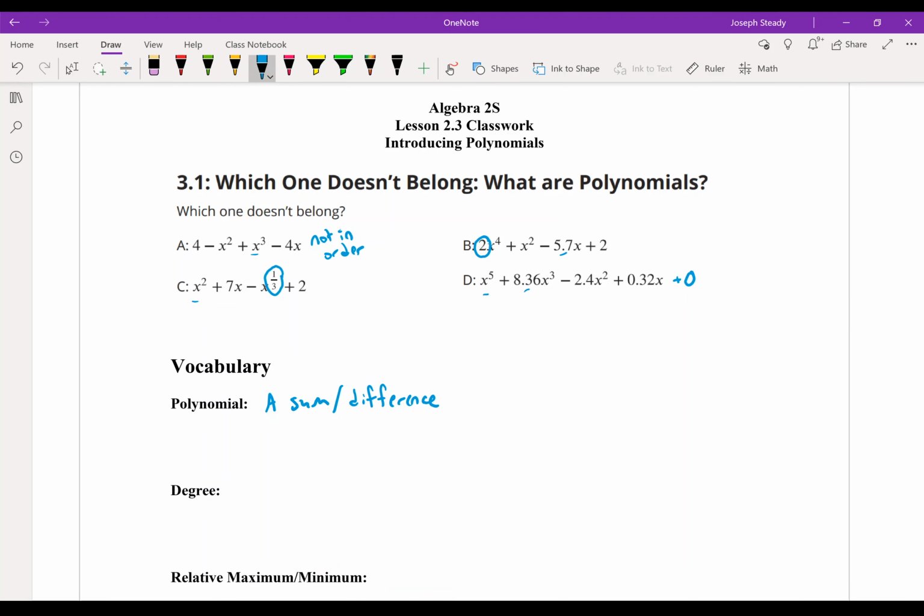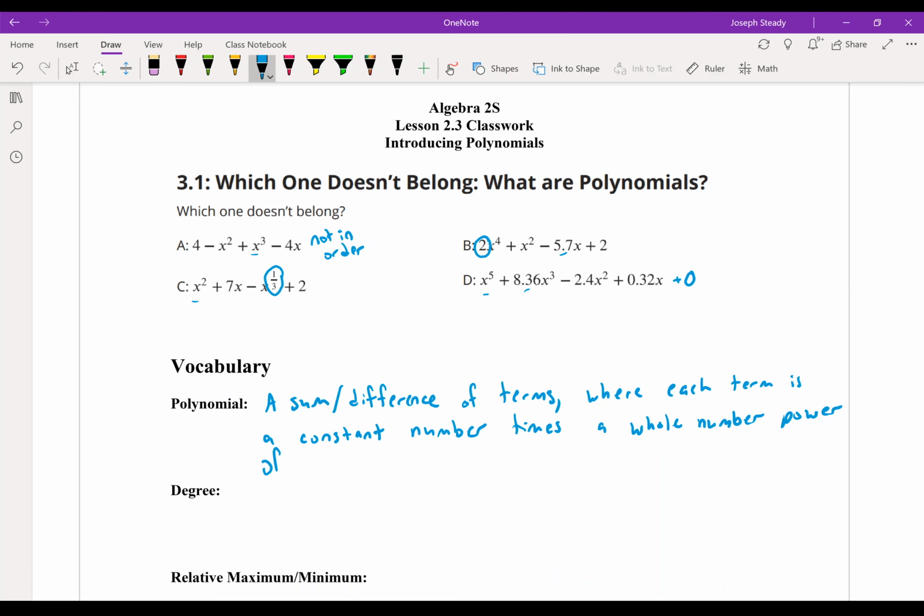A sum or difference of terms where each term is a constant number times a whole number power of x.